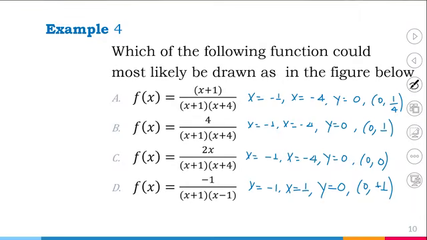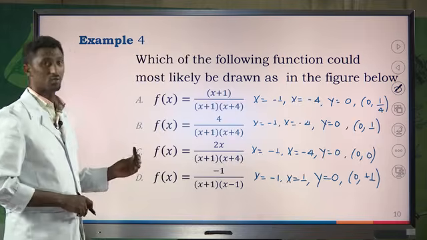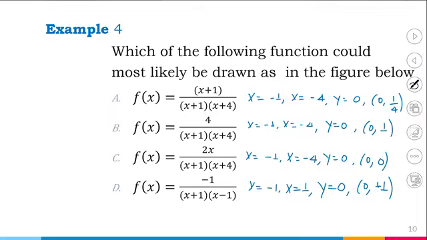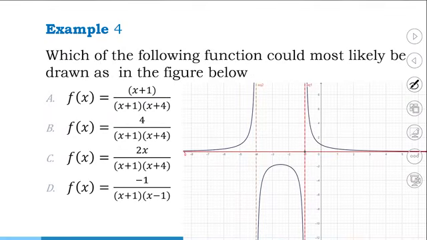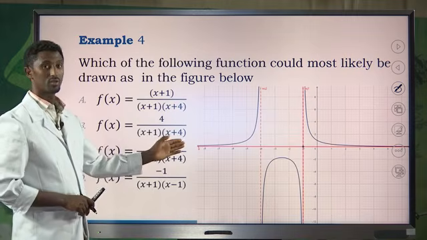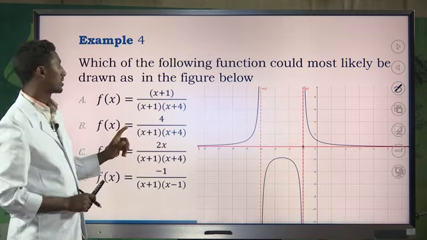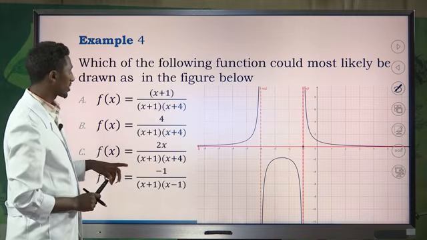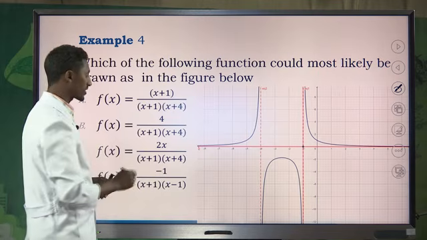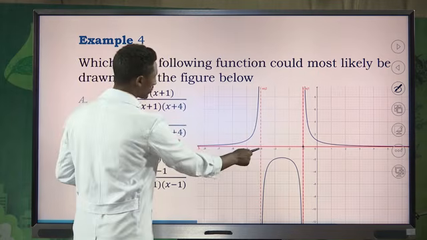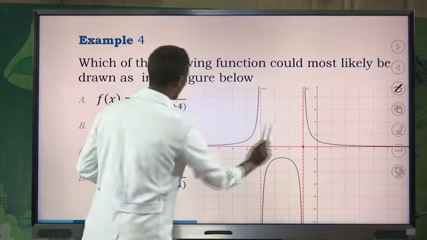So which one could represent the graph of the function that we have seen on the above slide? Let's check which one represents it. Now look, the graph drawn here is a rational function whose vertical asymptotes are x equals minus 4 and x equals minus 1.